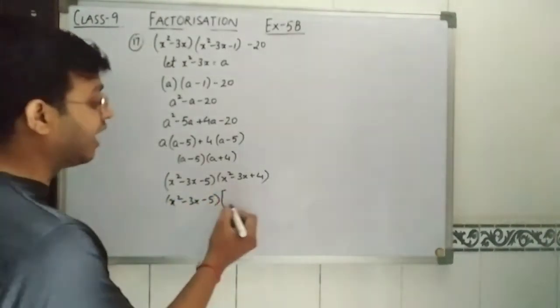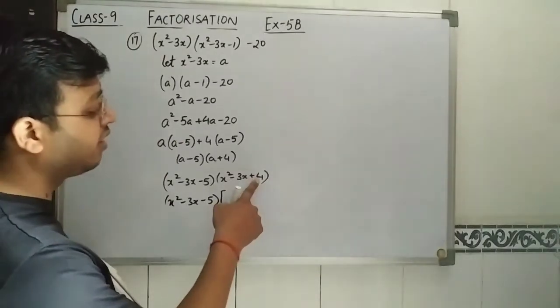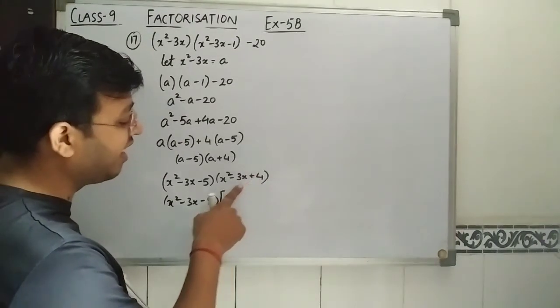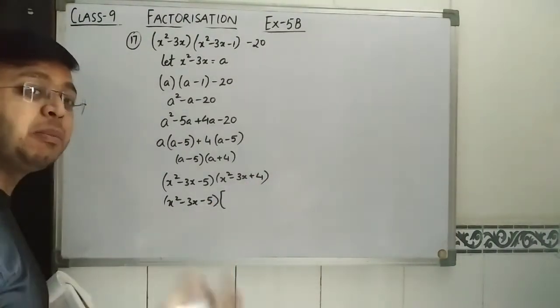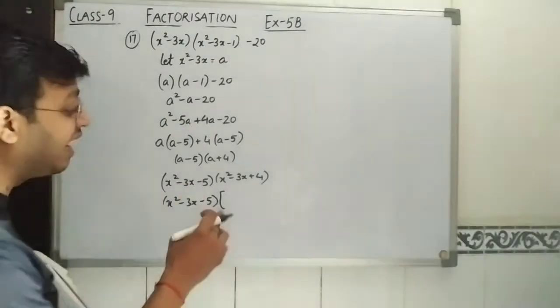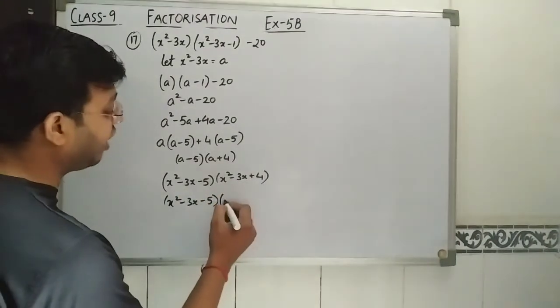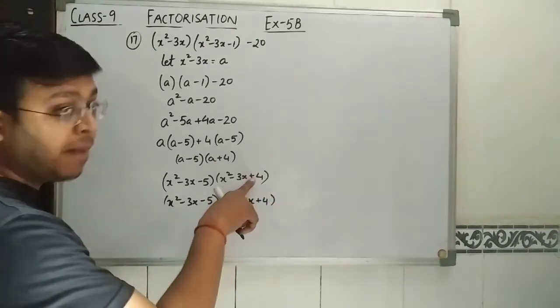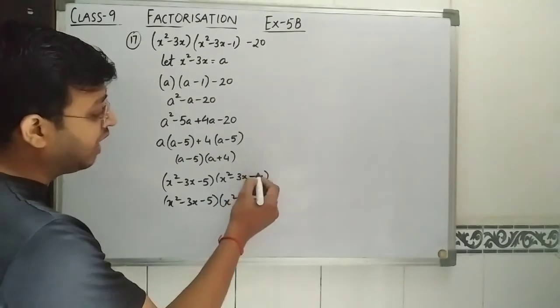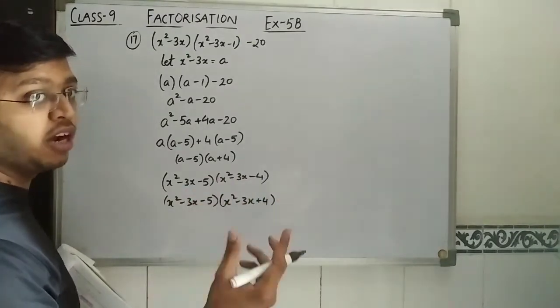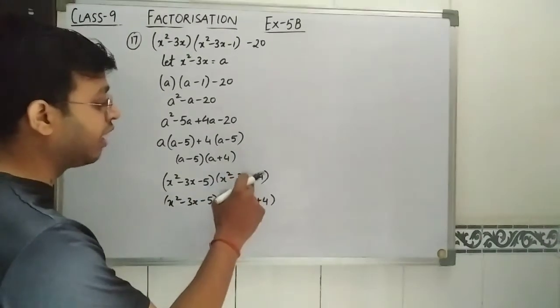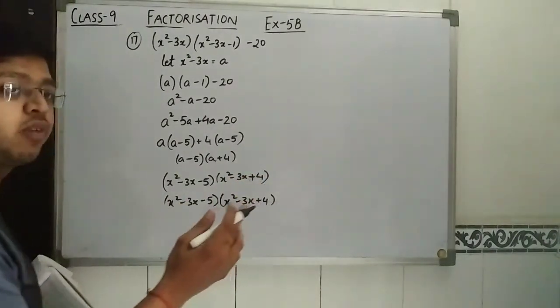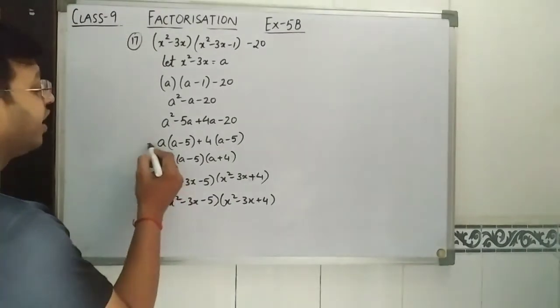And in the second bracket we have to think about two numbers, their multiplication is 4 and their addition is 3, that is also not possible. So we have to write it similarly. Nothing is possible. Yes, if there were a minus sign, then we could take 4 and 1 and solve with the help of factorization. But here it is plus, that is why it cannot be solved. So this will be the final answer.